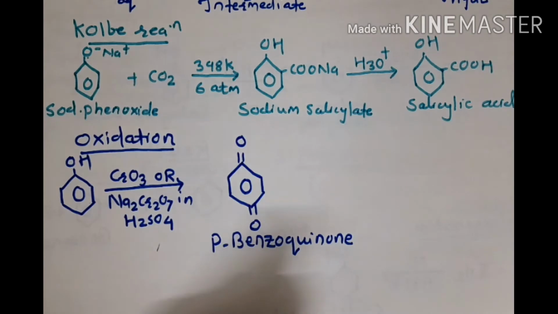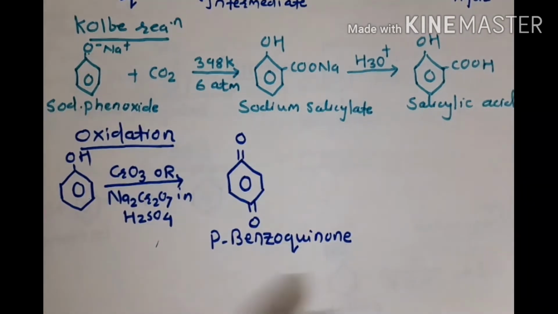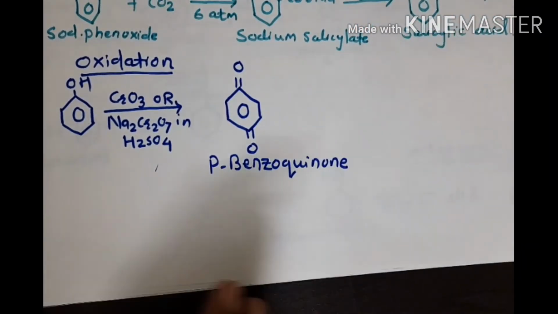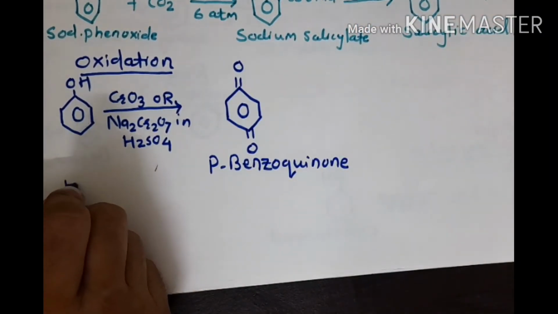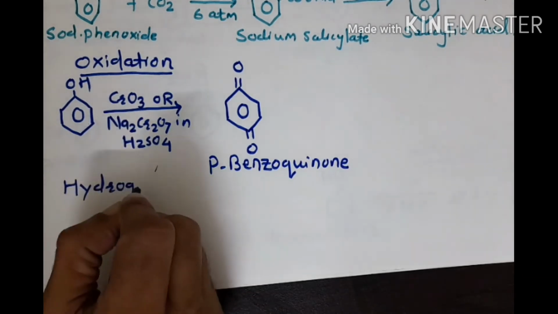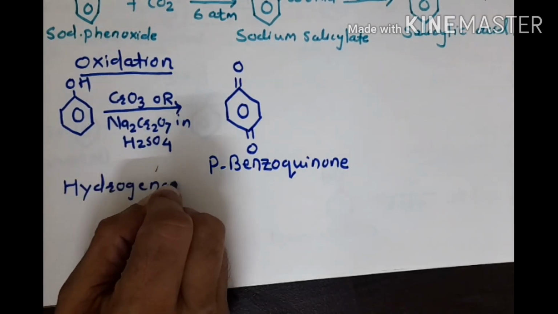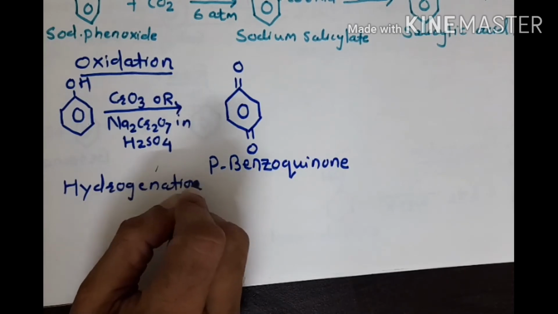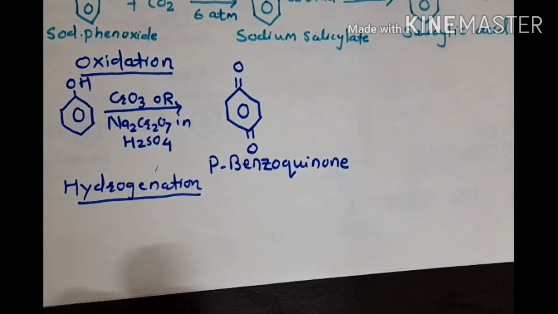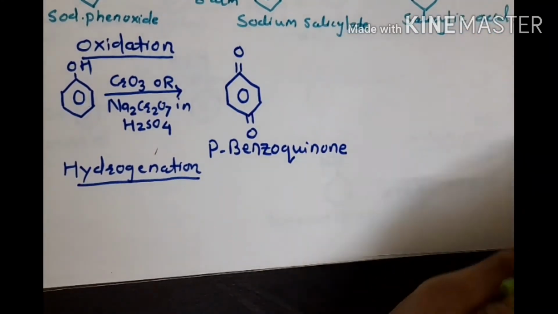Okay. After that, the next reaction shown by phenol is catalytic hydrogenation. What is hydrogenation? Addition of hydrogen molecule. Let's see what happens on hydrogenation of phenol.